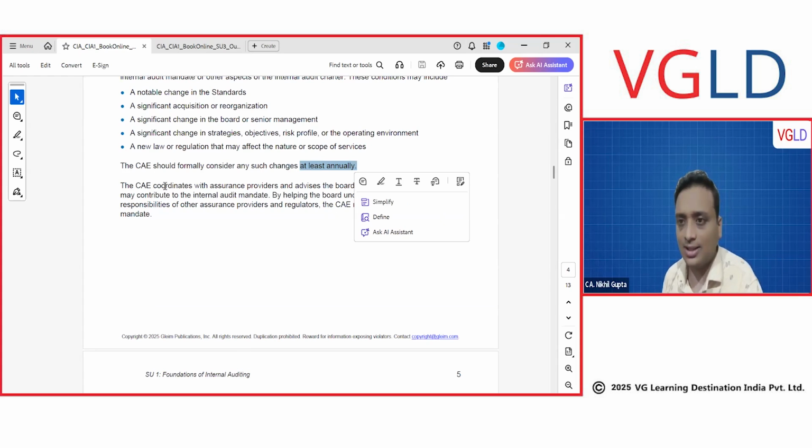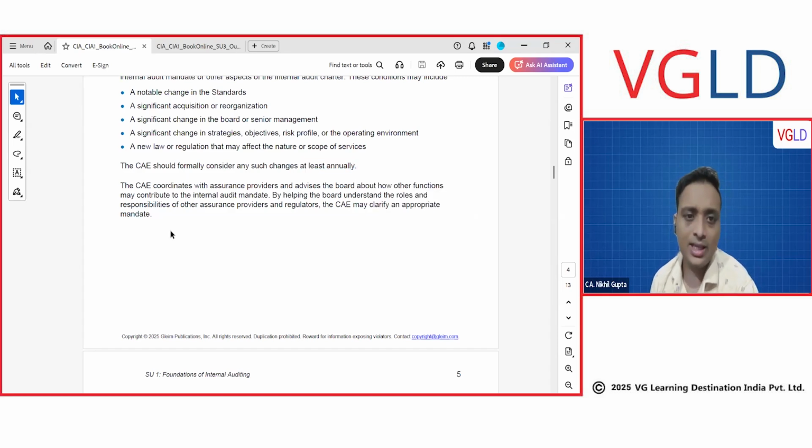They will give you an example, at least monthly, at least annually, or something like that, in a scenario. You have to understand that at least annually should be there, because if you're doing it monthly, there is nothing wrong in it. If you're doing it half-yearly, nothing wrong in it. But you should do this function, CAE, at least annually.